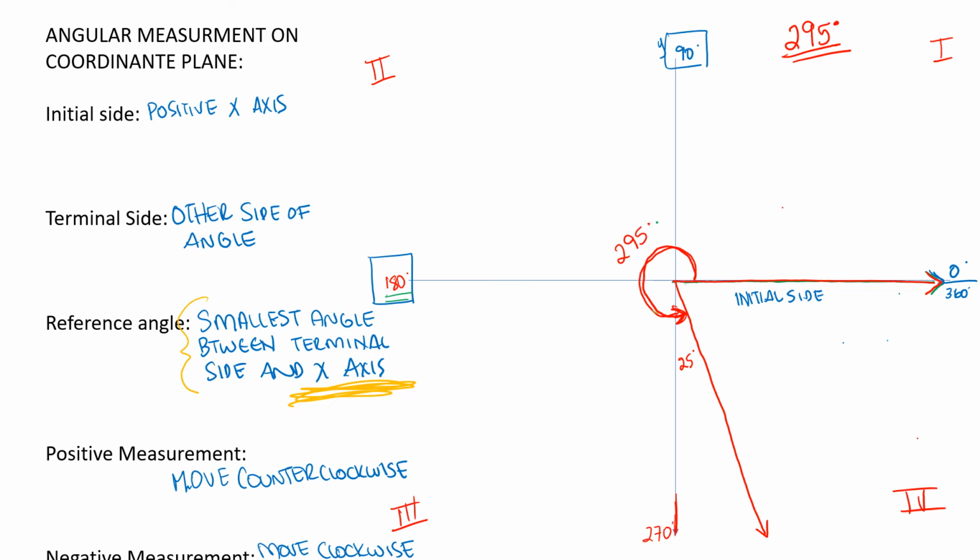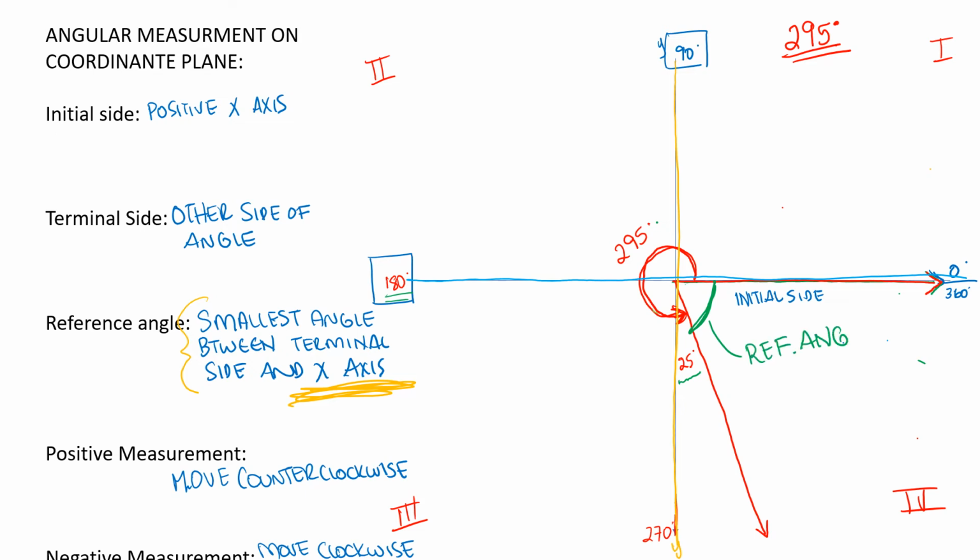So it's very important to remember, this is the y-axis. I'm going to do y-axis in orange and the x-axis in blue. This is the x-axis. So when I'm talking about a reference angle, I don't really care about the 25 degrees. What I want is this angle right here between the terminal side and the x-axis. So this is my reference angle.